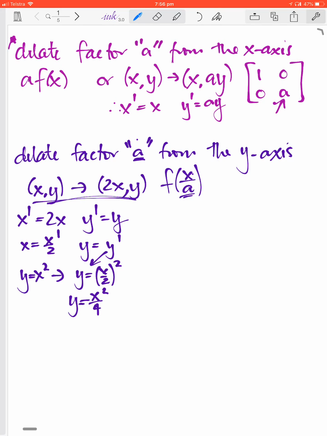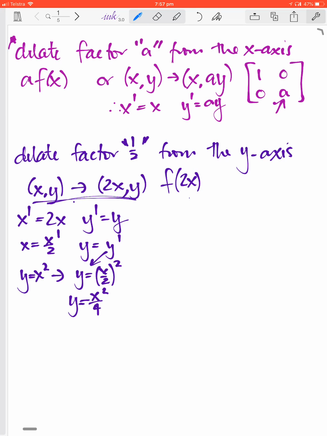So whatever that value is, it's the reciprocal. If that was 1/2, then of course this would be 2x, because the reciprocal of a half is 2. Okay, so that's from the y-axis.